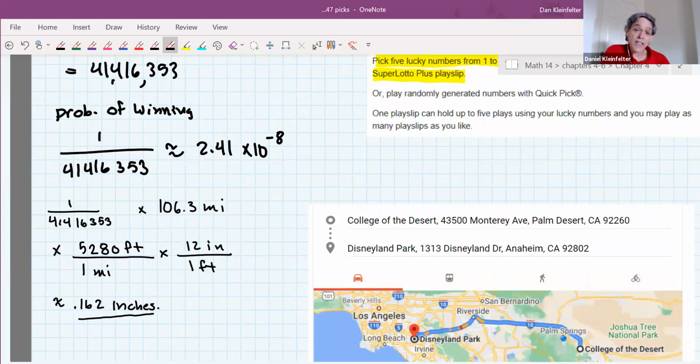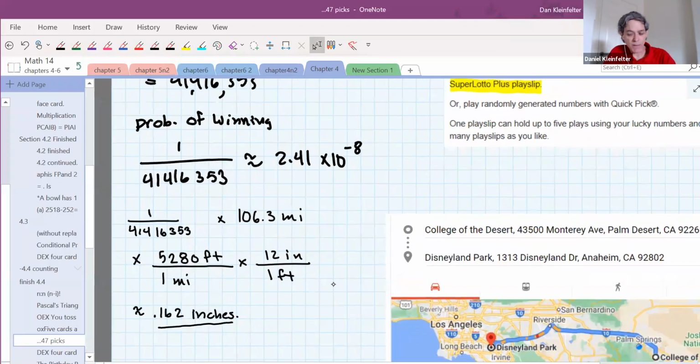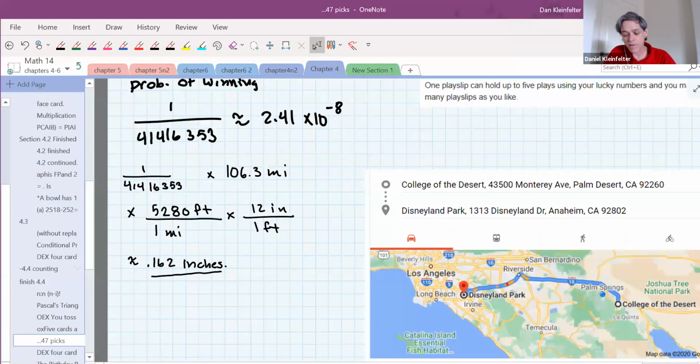Your chance of winning the Super Lotto Plus is the same as your chance of guessing that half finger width distance somewhere between here and Disneyland. So thinking of a small number in terms of a length can sometimes be helpful. That was the point of that example.